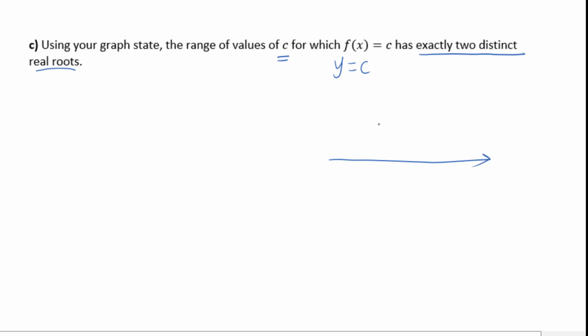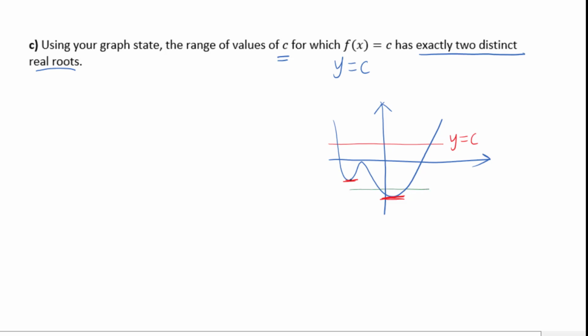We know the graph of f of x looks like this. When y equals c is above the x-axis, there will be two intersections, or when this c is between these two values, there will be two intersections.